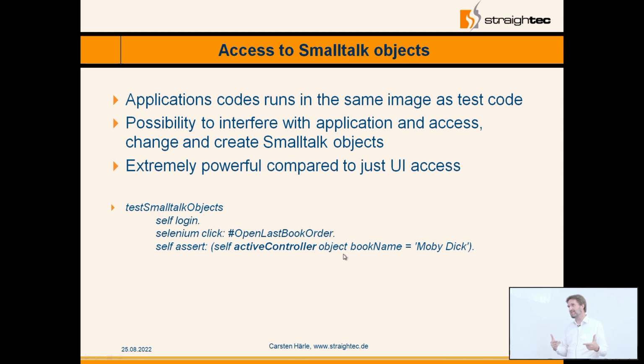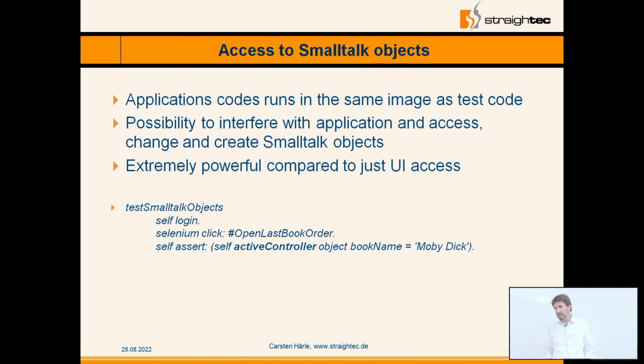If you're in a test case, it opens the browser and keeps a dictionary, so it knows which window it opened. Then you say active controller and you get the controller object and can ask anything with normal Smalltalk code to inspect the internal state of the object, which might, for example, not be displayed on the web page.